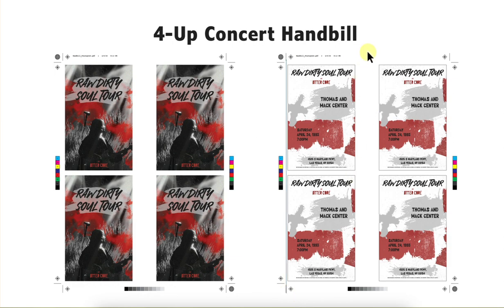But then if I was to split these right down the middle to turn these into 4 different handbills, now notice how large that margin is on the sides of these handbills. Those are almost about a 1/2 inch, right? And then if I was to slice this across the center here, that margin is getting closer to maybe about 1/8, and then the ones down the sides might be about a 1/16 of an inch or so.